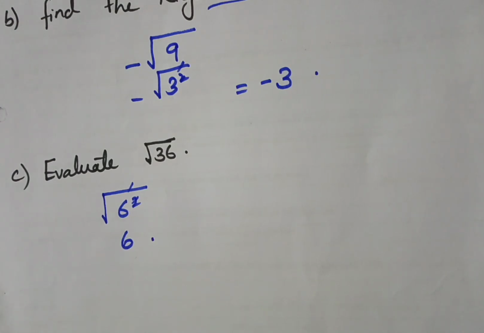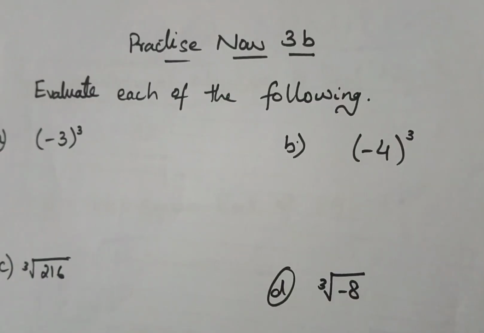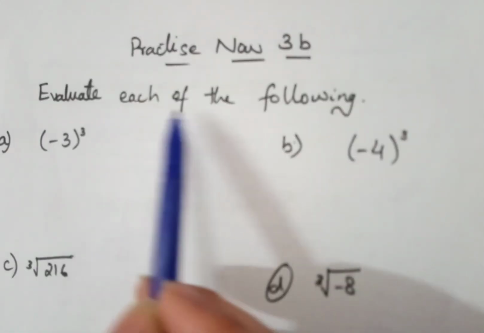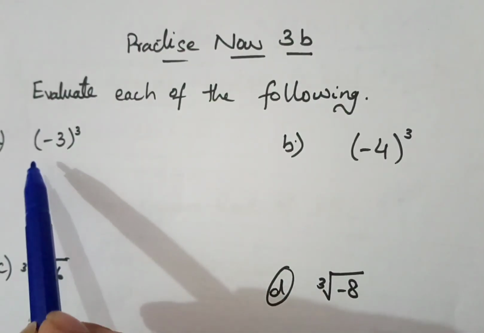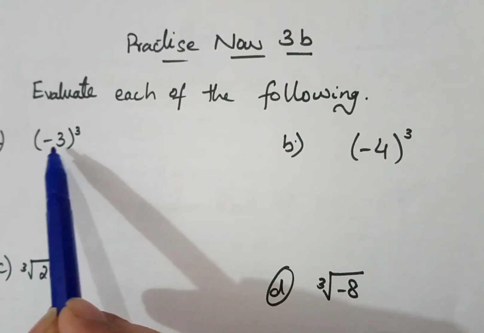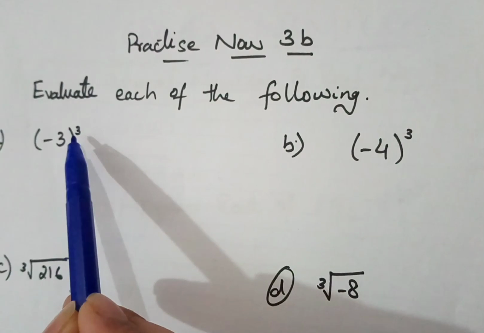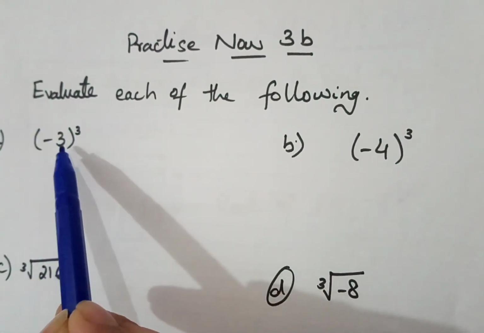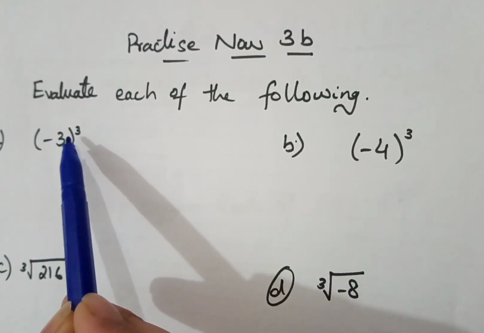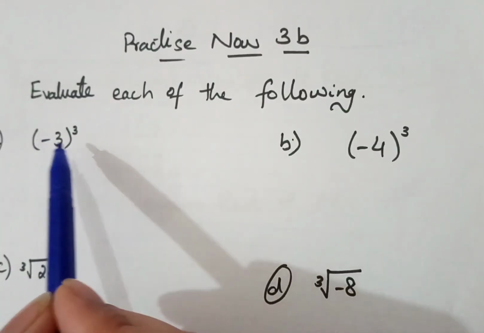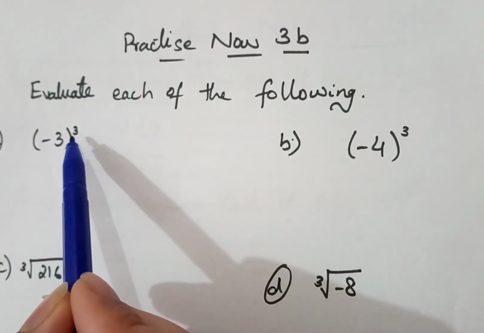Now we move towards Practice Now 3b. Evaluate each of the following. Our first part is the cube of minus 3. Now students, you have to notice that we have this cubic power outside the bracket. This means that this cube power is on minus as well as on 3. Whenever there is an odd power, and 3 is an odd number, outside the bracket, the minus remains. Minus, because 3 means you have to multiply minus three times: minus times minus is plus, and again plus times minus is minus.